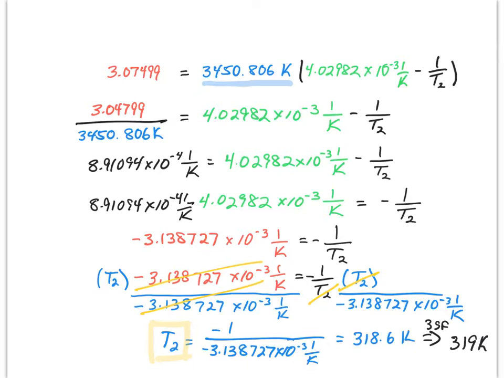We've got the -1 here divided by this term on the right. When we do that division, you get 318.6 Kelvin. If we go back and look, something reasonable is 3 significant figures. Actually, it's probably more like 2, but we're going to get something in the range of 319 Kelvin.